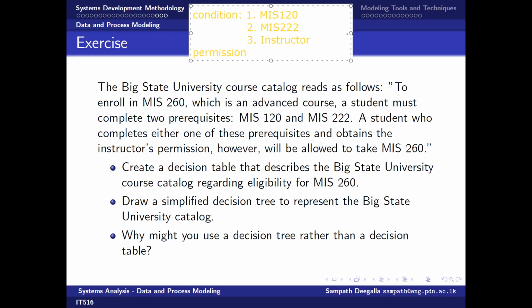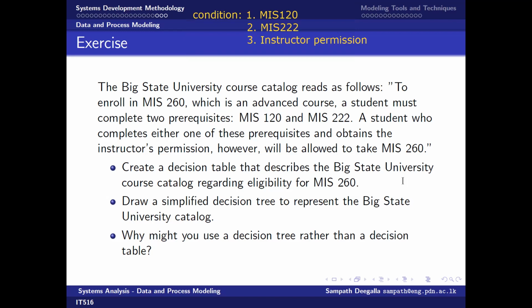So these are the three conditions that we will have. So what are the actions? If the first is completed, the second is completed, and the instructor permission is yes, he can move on to MIS 260. This is the first one.